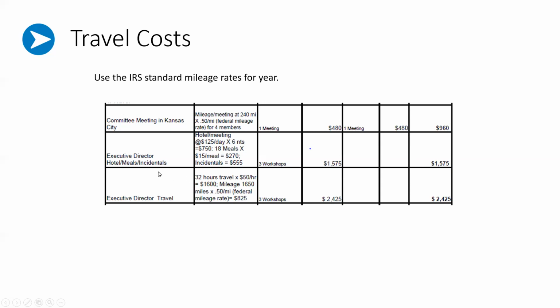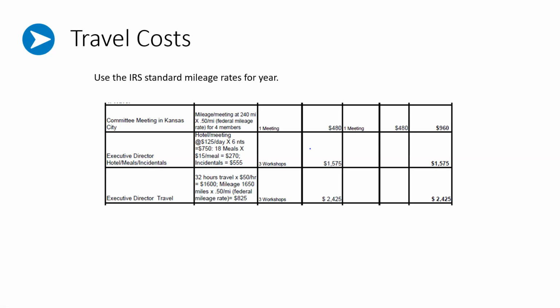The executive director had to attend a meeting that was hotel, $125 a day times 6 nights was $750. We estimated 18 meals at $15 a meal for $270, and then incidentals for $555.